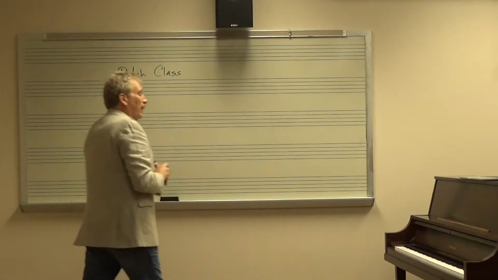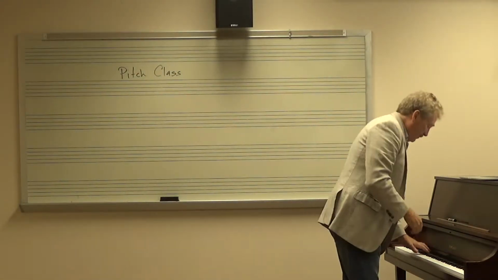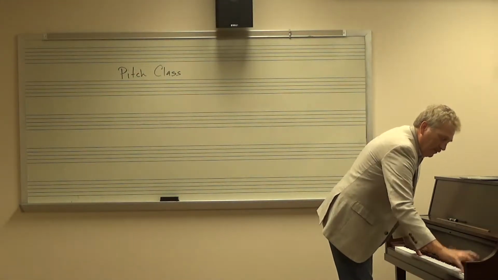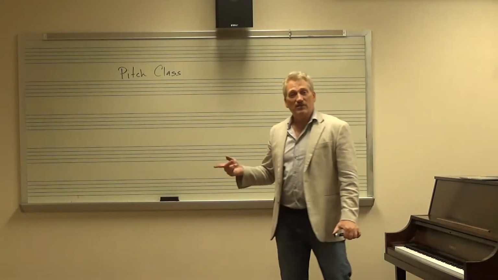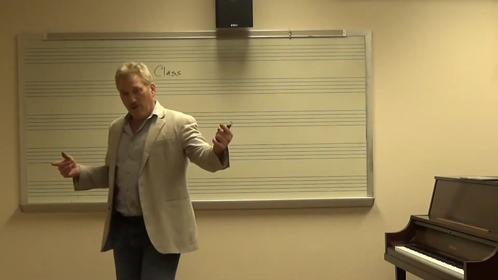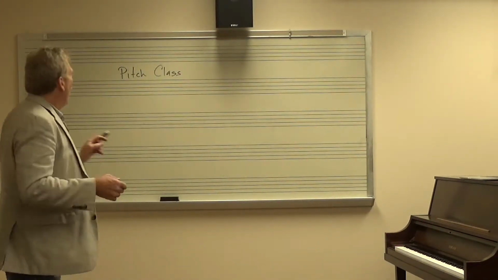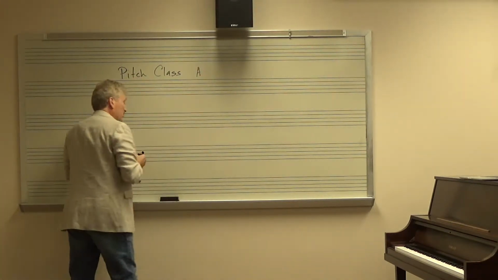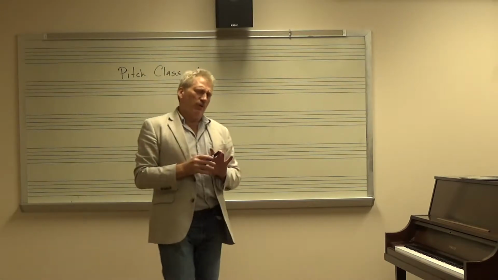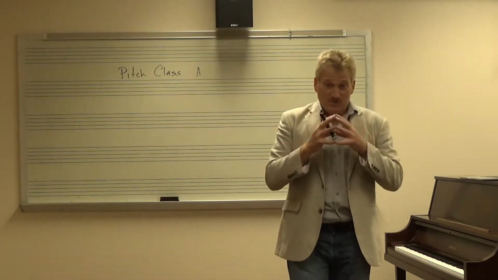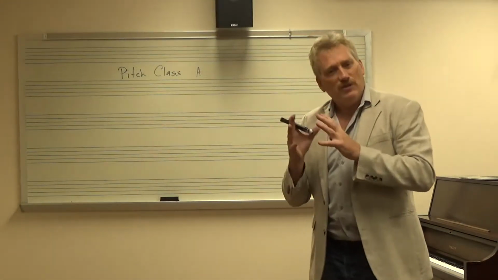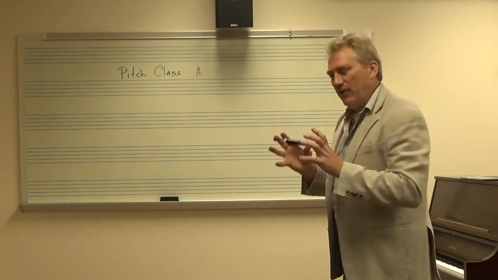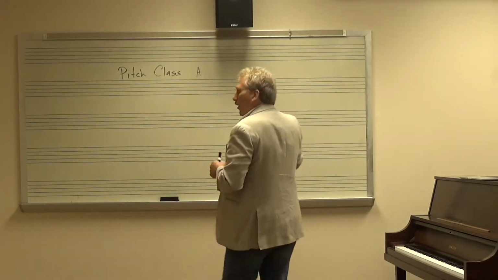For example, pitch class A would indicate all those: A4, A5, A6, A2, A1, A0. All of that would be pitch class A. So this is something we do in our system. It's very important to understand. For purposes of making harmony work, we make an equivalence. There's a pitch class A, which is all A's.